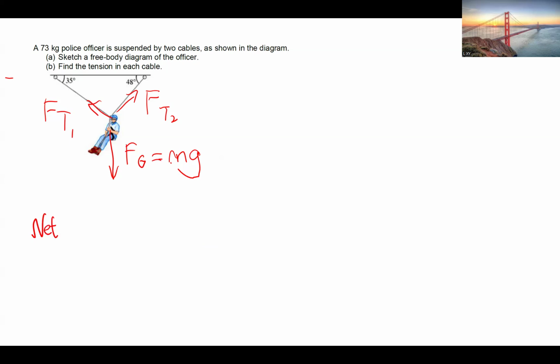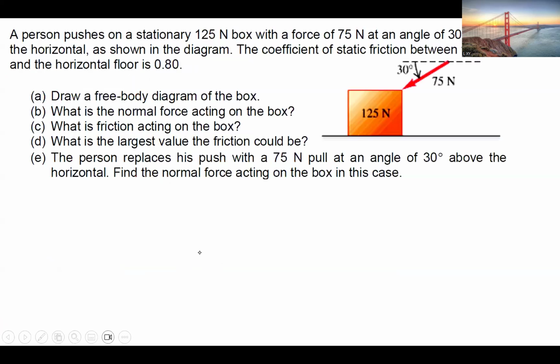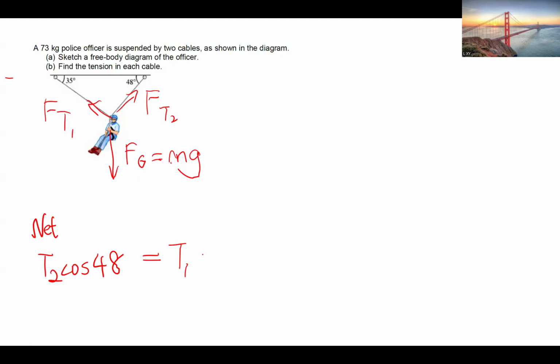The net force is such that the tension of the second cable, T2 cosine 48, is equal to T1 cosine 35.